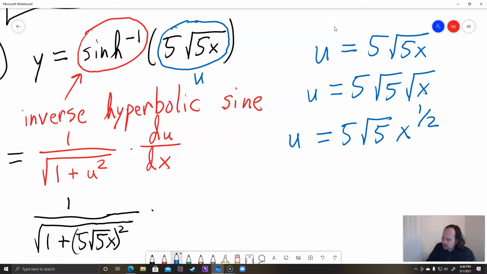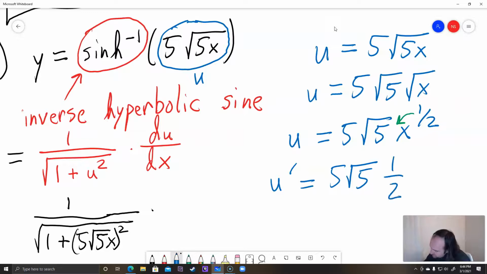Then our u prime, or our du dx, is going to be 5 root 5, which is a constant, and just stays out front, times the derivative of x to the 1/2. Using the power rule, we bring the exponent out front and then decrease it by 1, so we get 1/2 x to the negative 1/2. If we move that x to the negative 1/2 down to the denominator, it becomes x to the positive 1/2, which is the square root of x.